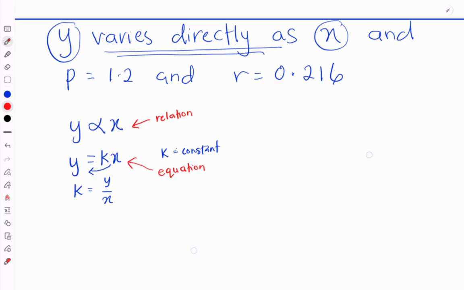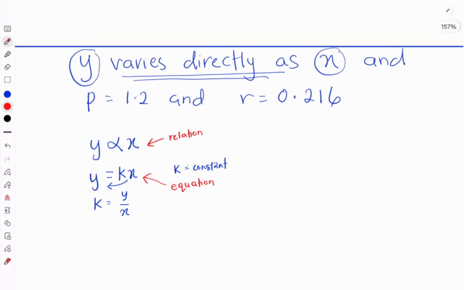To find the value of k for direct variation, you must use y over x. Sorry, the question is wrong. Here is y, here is x. There was an error with the question. I changed the question already.